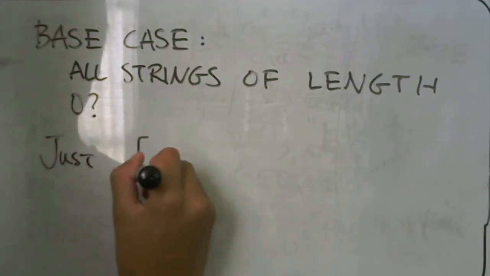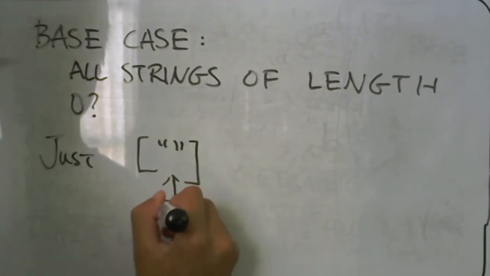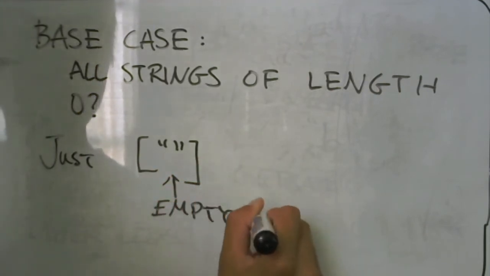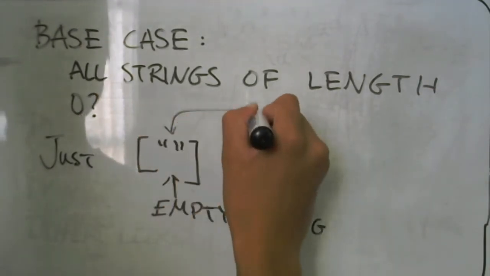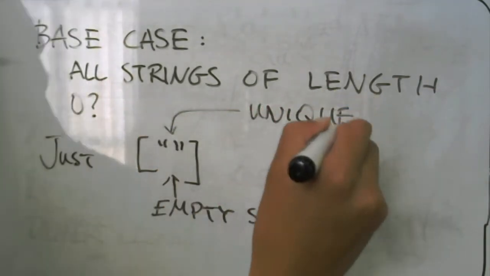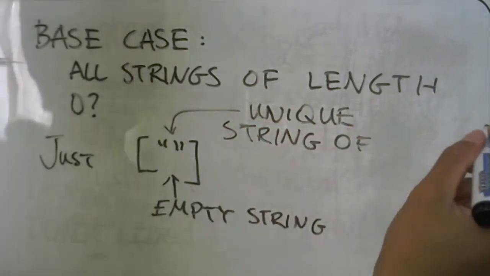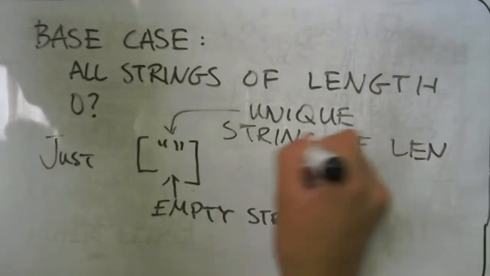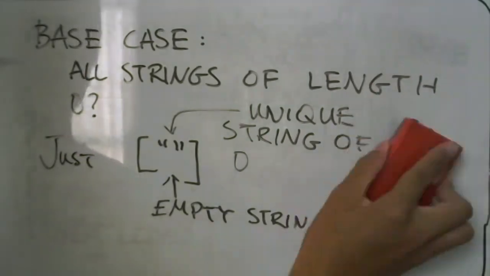What are all the possible strings of length 0? Well, if we were to make a string of length 0, we would have no choices about what characters to put. The only string we could make is the empty string. Or in other words, there is a unique string of length 0, and it's the empty string. So with length 0, we're going to return just a list with the empty string inside of it.